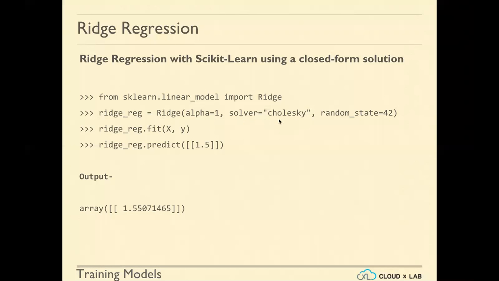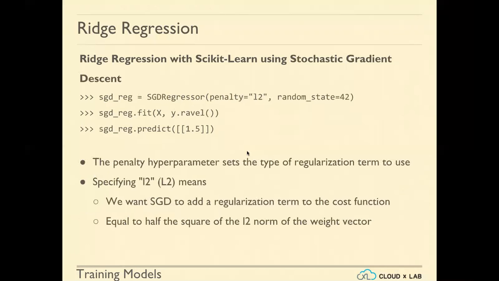Remember, if you are using this particular solver, that means we want to use the normal or closed form equation. And if we want to do the computation of ridge regression using stochastic gradient descent, we could simply say SGD regressor.